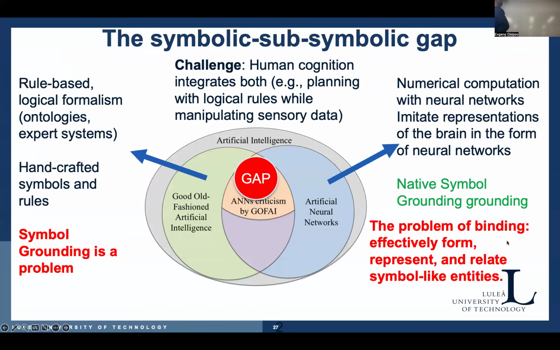The first camp is about what we studied here so far: logic, ontologies, expert systems. That is called good old-fashioned AI, GOFAI.